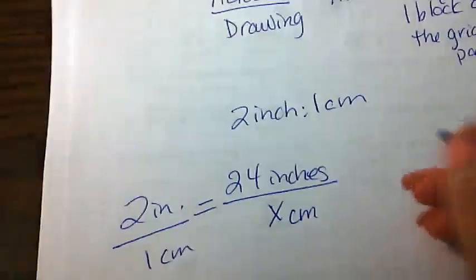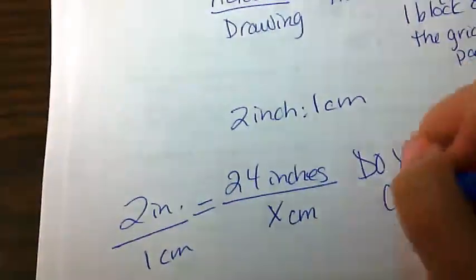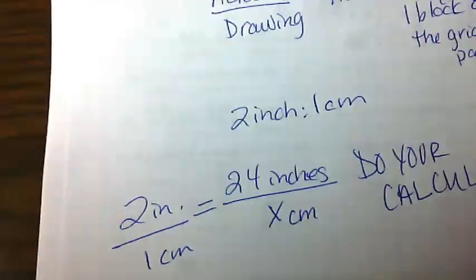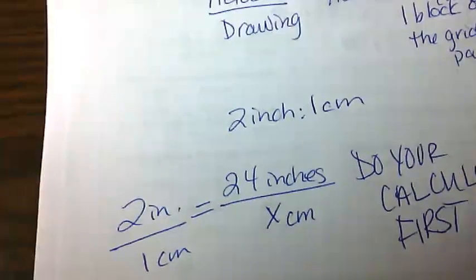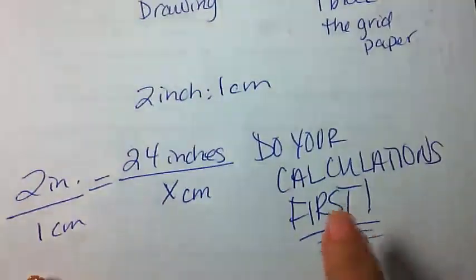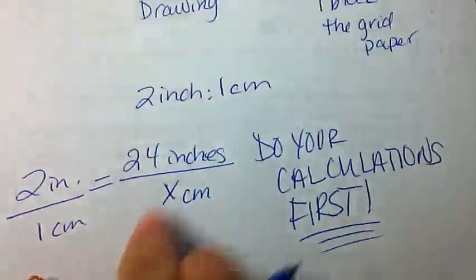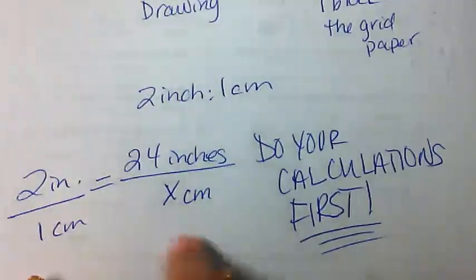I suggest you do your calculations first, because then you can always go draw it based on what you've already done. If you wait and try to do them as you're drawing, you're going to have to erase a lot.